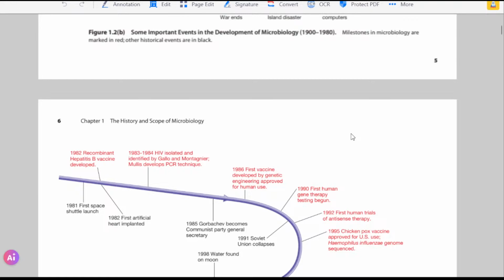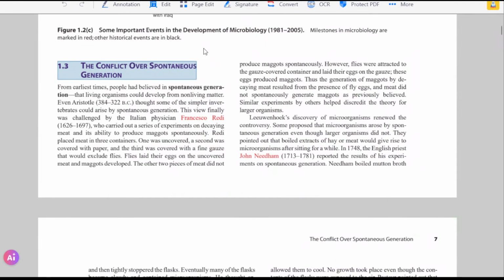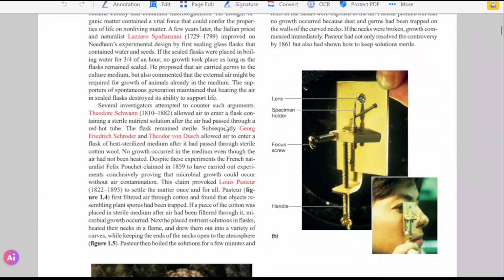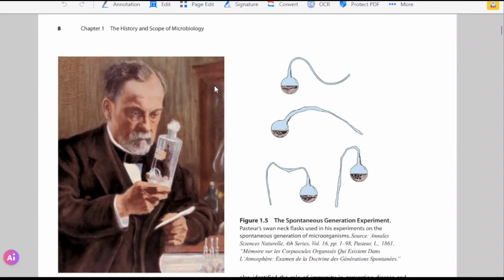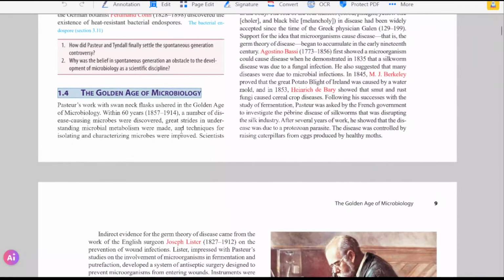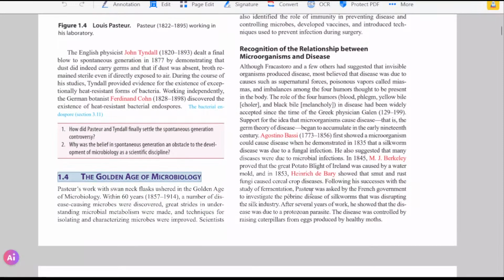So all of these scientists are important, but I think the most important thing is that Pasteur debunked spontaneous generation as a set stone, and then Tyndall and Cohn discovered the heat resistant forms of bacteria, or you can say the endospores.